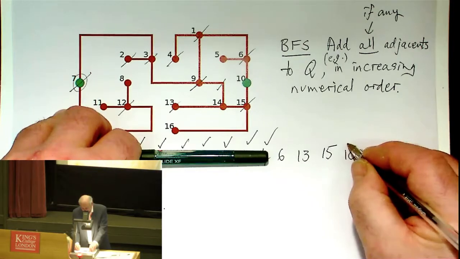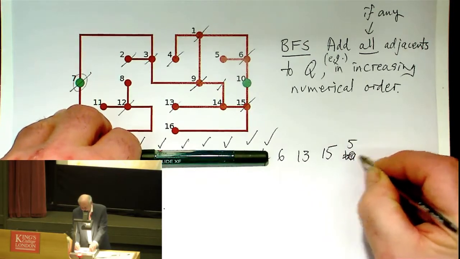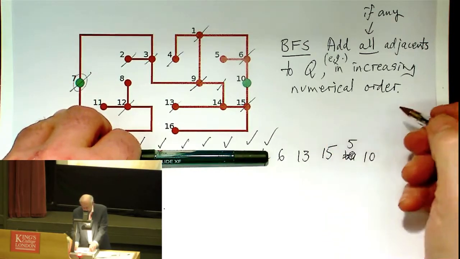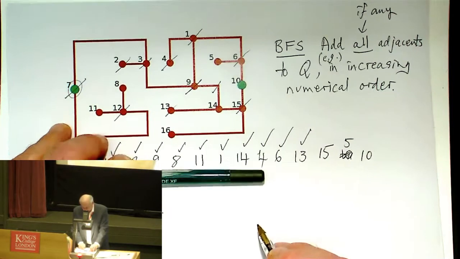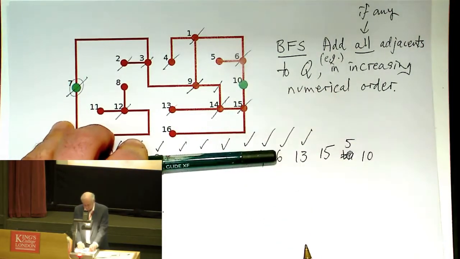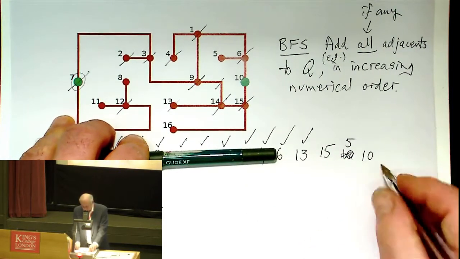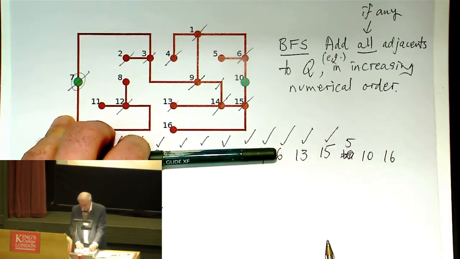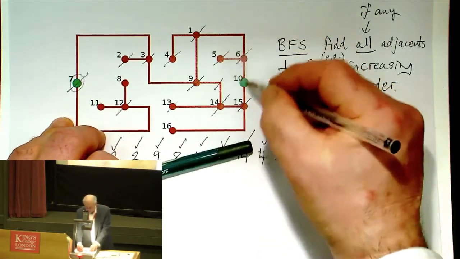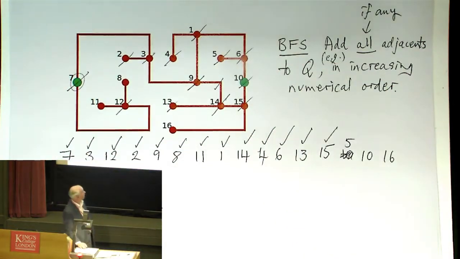Sorry, I made a mistake. 5 should go first because it's lower than 10. That was 6 being done. 13, nothing more to be done because 14 is already there. I forgot to strike it off. 15 is adjacent to 16. And hopefully that's it. We don't need to go any more because we've got everything. 5 and 10 are there.